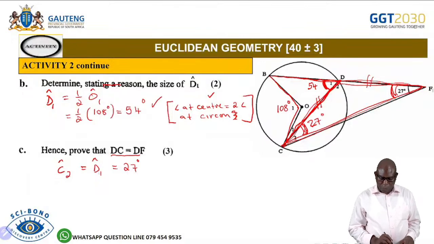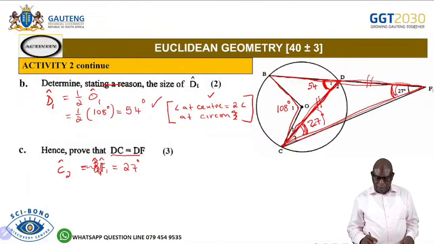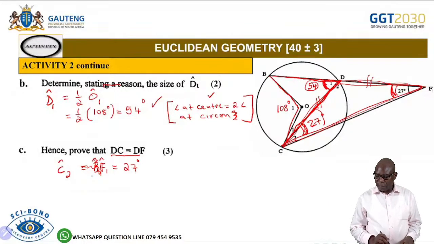Not D1, sorry. That angle here will be equal to F1, sorry. So 27 plus 27 will give me 54 because that's the exterior angle of a triangle. The exterior angle of a triangle is equal to the two interior opposite angles.